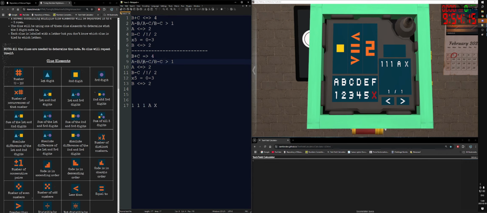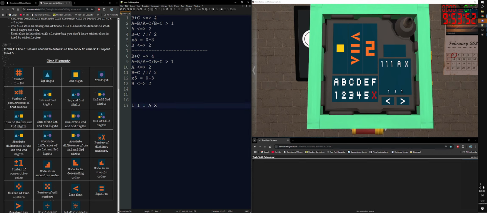Now let's see. The difference between two of these letters, which in this case is always going to be 0, is greater than 1. This, if you're creating all the same number, will never apply. So it can still be this rule because it resulted in false.